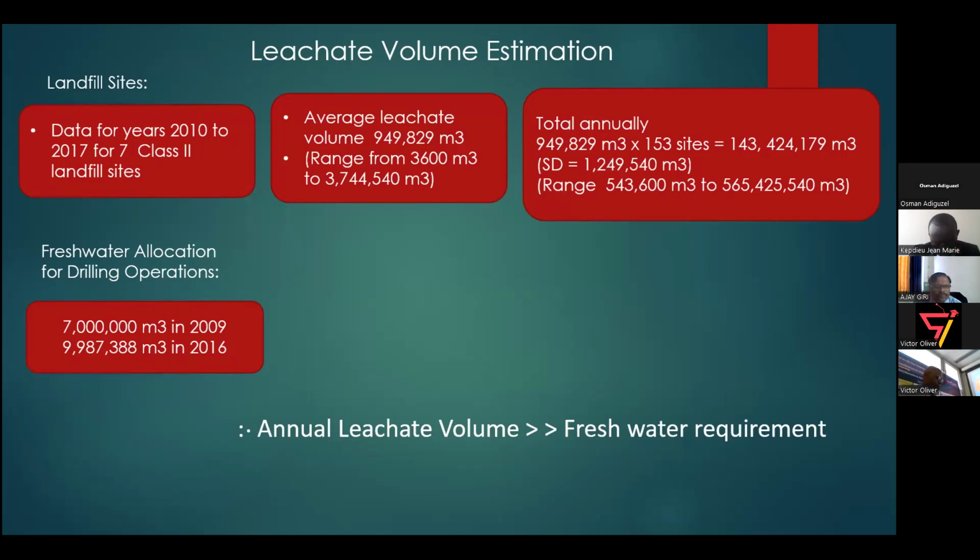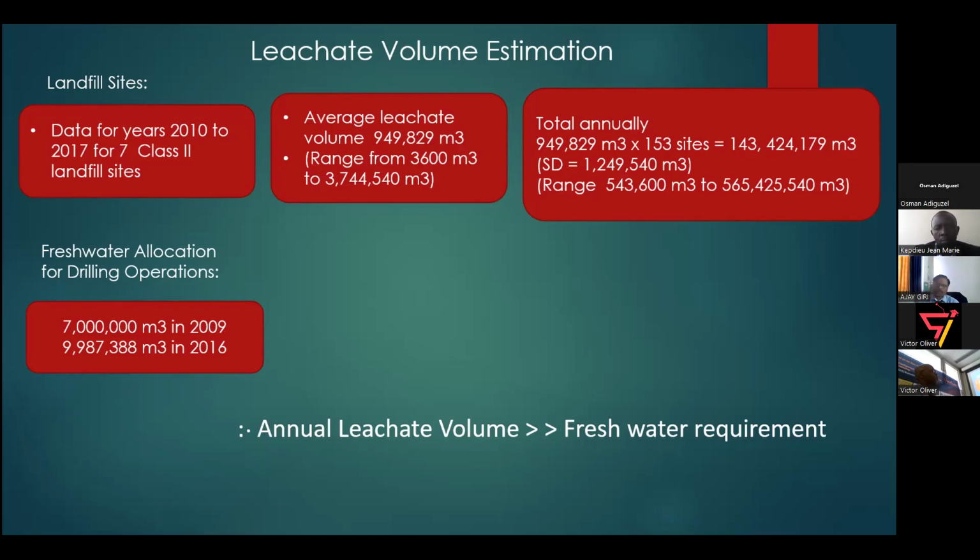So we looked at it, and on an annual basis, we have about 143 million cubic meters, and it's a big range, which should be expected because of the variation in size, but also variation in weather conditions when you compare the northern part of Alberta to the southern part of Alberta.